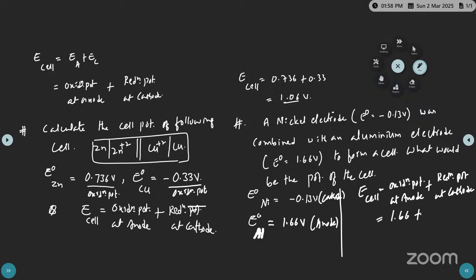At anode, oxidation potential is positive. Anything other than these needs to be identified. Here they gave minus, so the given potential at cathode is oxidation potential. What we need is reduction potential. So what is the reduction potential at cathode? Plus 0.13 volts. So the answer is 1.79 volts. Like that we can do the problems.